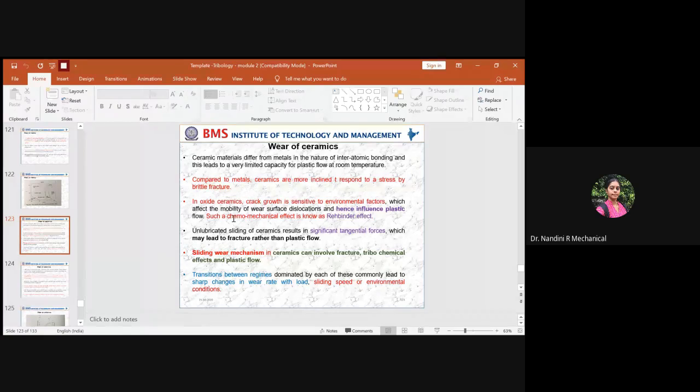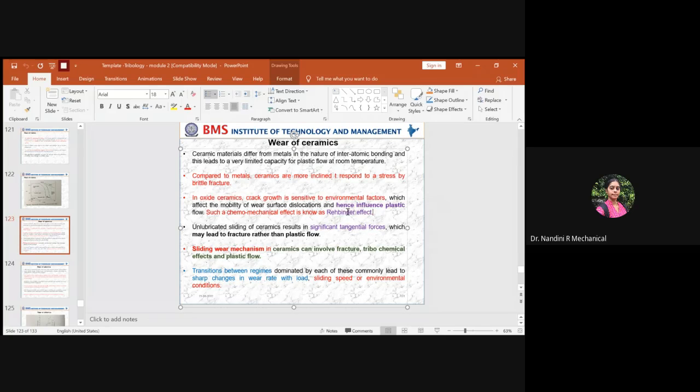So due to that, certain chemical reactions also come across the contact area, right? And it results in mobility of the wear surface also across the dislocation. So this combination of chemical cum mechanical effect in case of ceramics across the contact area is known as Rehbinder effect. So this you have to understand. The terminologies, let it be very clear.